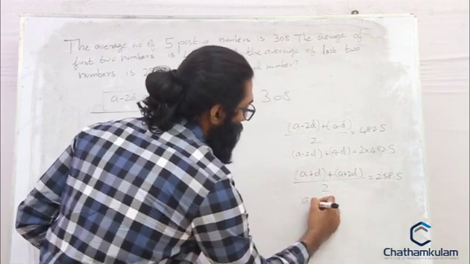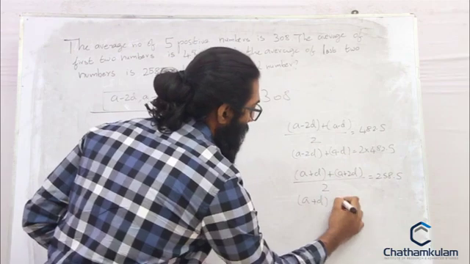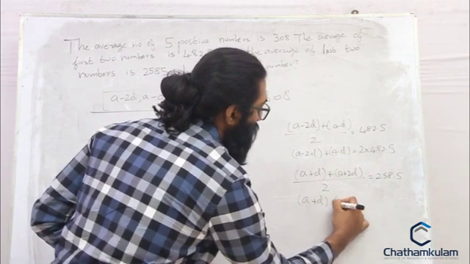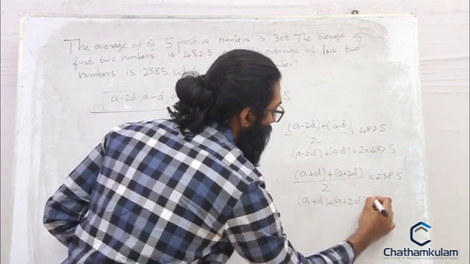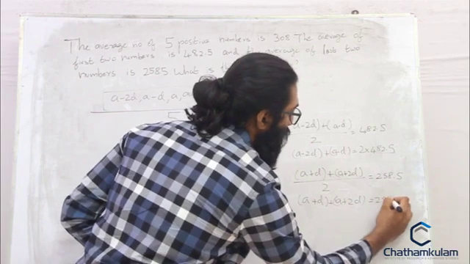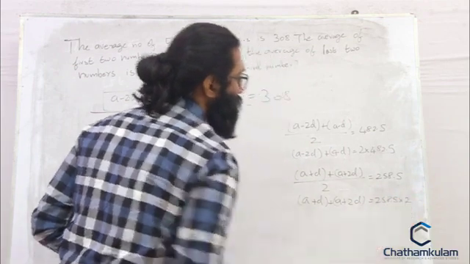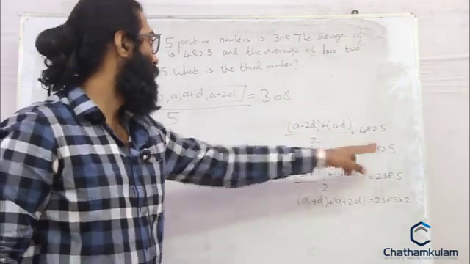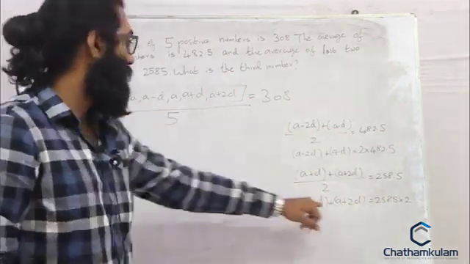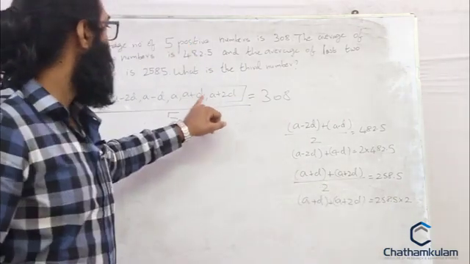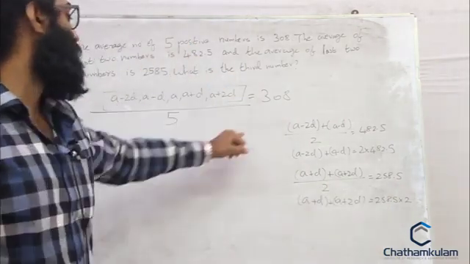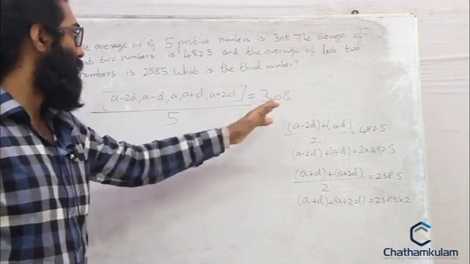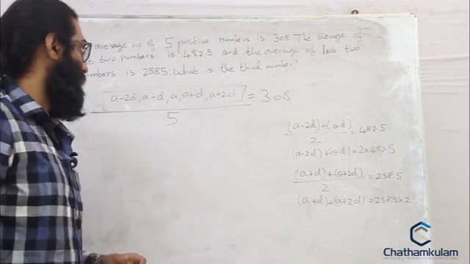That is, a plus d and a plus 2d is equal to 258.5 into 2. Okay, so this is the sum of the first 2 numbers and this is the sum of the last 2 numbers, and it's also given that the average of all these numbers is 308.